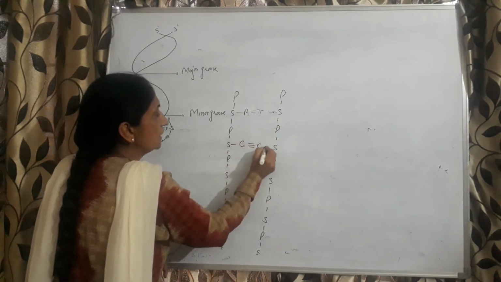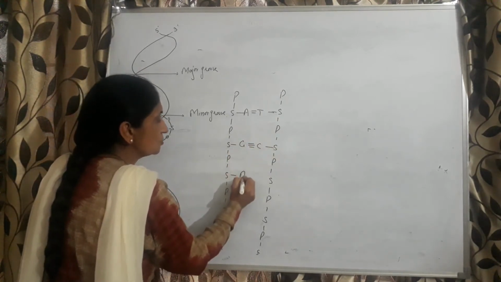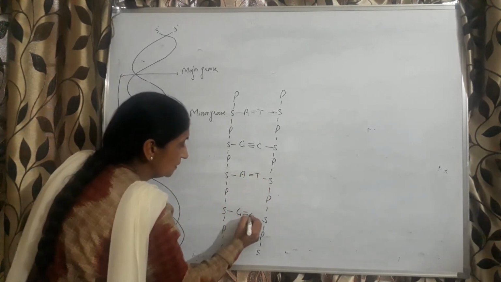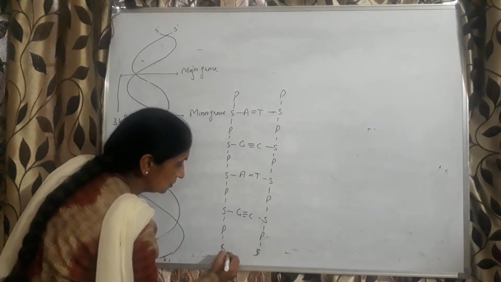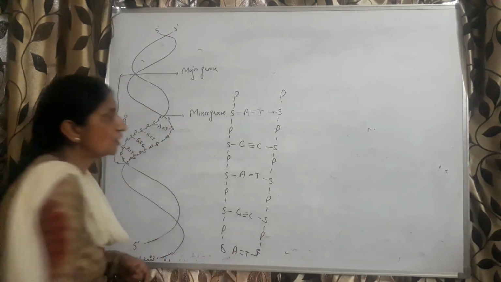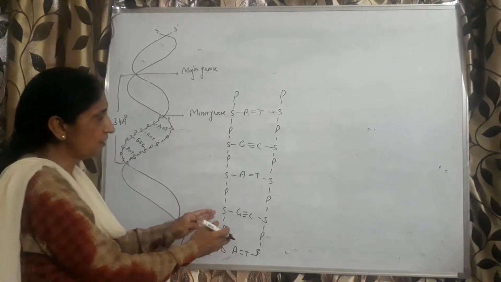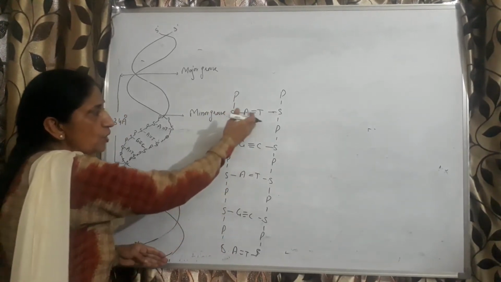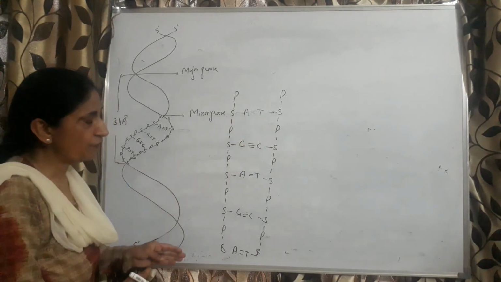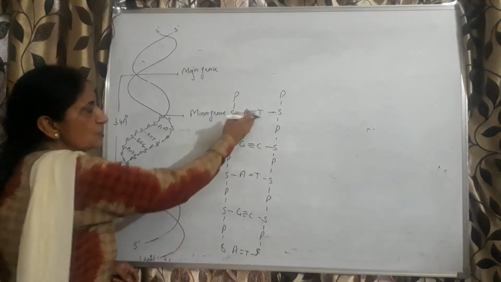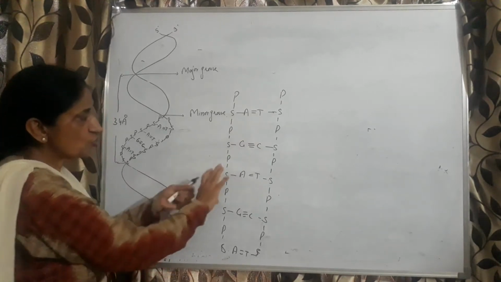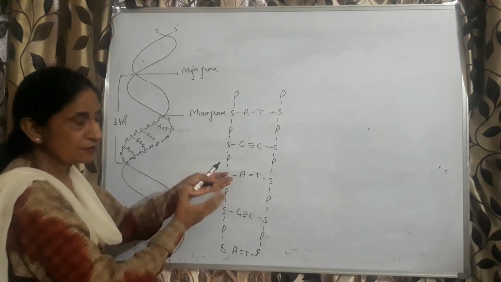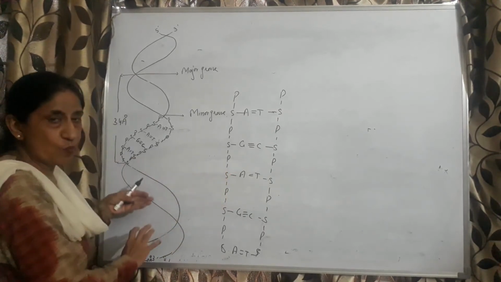If it is guanine, then there will be cytosine. There is always complementary base pairing. So simply you have to rotate this ladder in a right-handed manner, then you will get this DNA model.